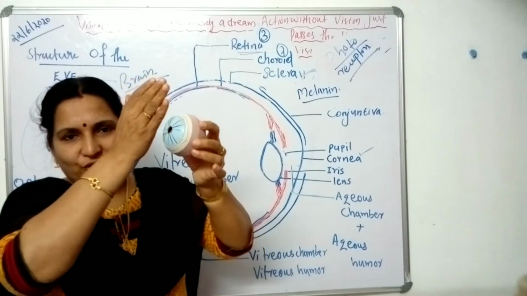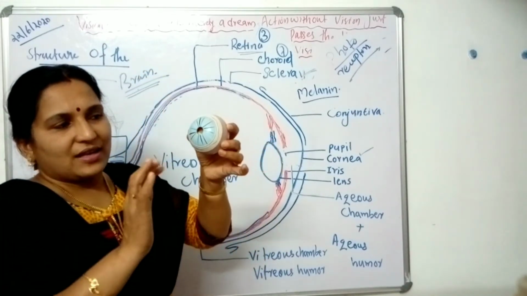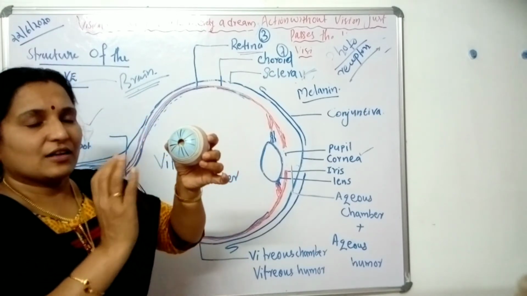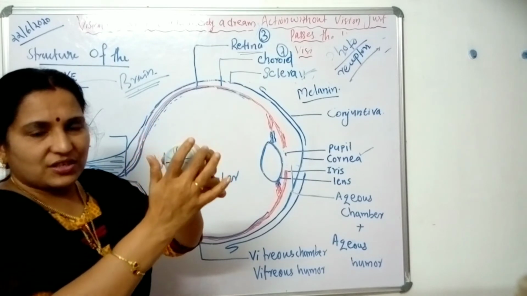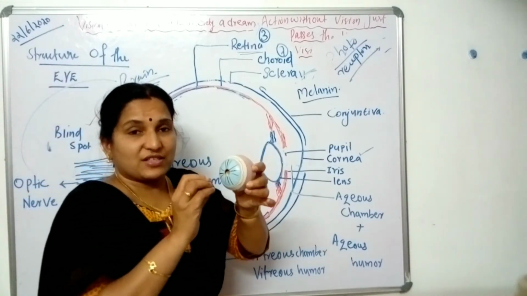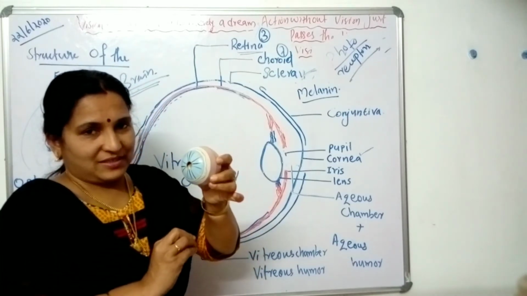If we take the cross section of the choroid, you can see all the parts present in the choroid. Since it is made up of blood vessels, its function is to provide oxygen and nourishment.